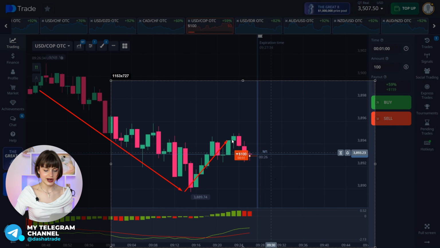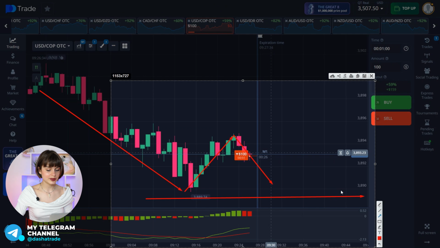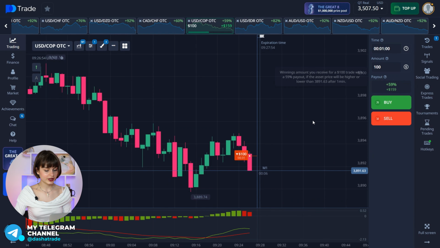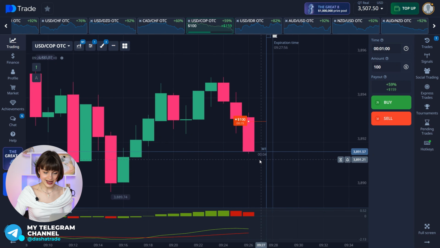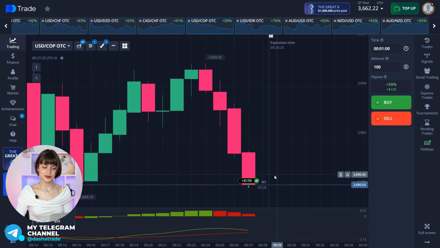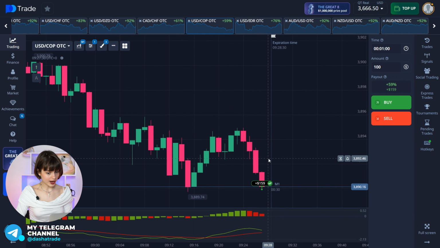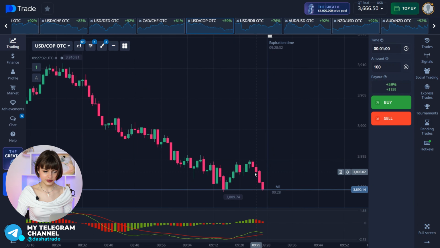Then we see a corrective movement, a retracing movement, and after the retracement we see a continuation of the most likely downtrend. So either the price will approach this level or break through it and go further. Literally 30 seconds left, and we're waiting for the result. So another deal has come to closure, and here we've got a net profit of $59, a good result.